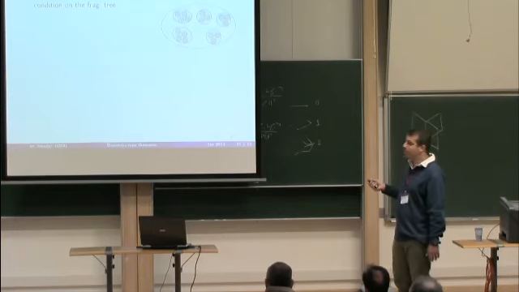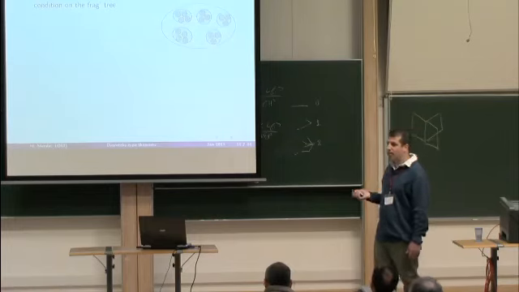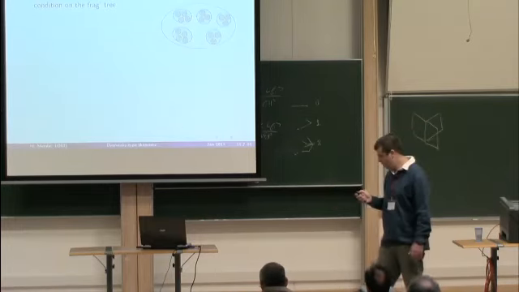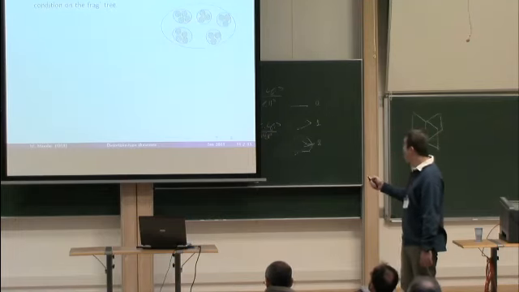Now, this in general cannot be done, because there are cases in which the embedding into the equilateral space is the best that you can do. I showed you one example in the beginning of the talk, the path.